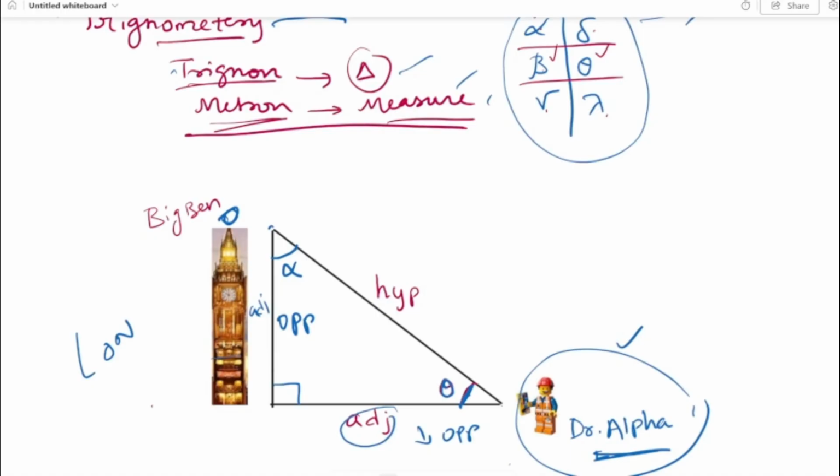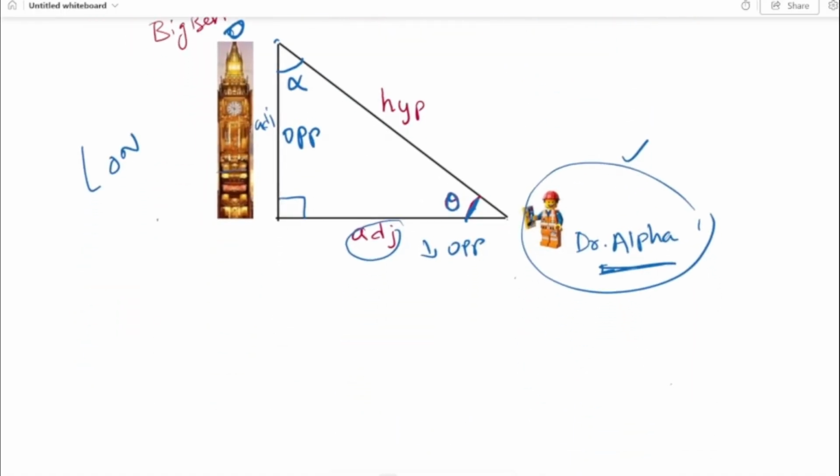Now let's recall the famous Pythagoras theorem, because whenever you see a right angle triangle, the first thing that comes to mind is the Pythagoras theorem. It says a square plus b square is c square.